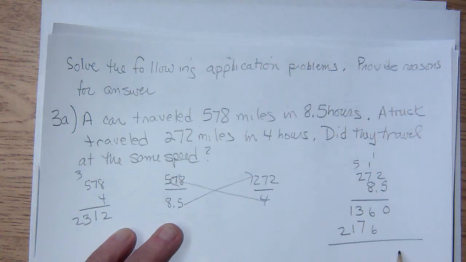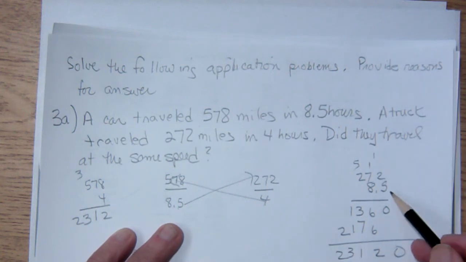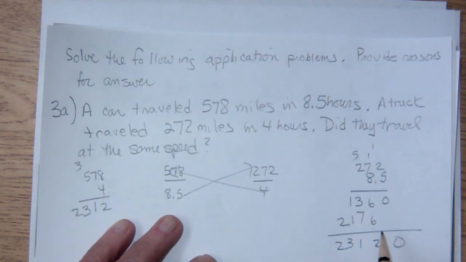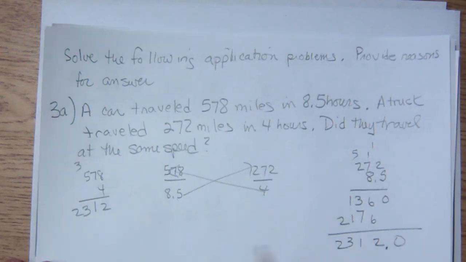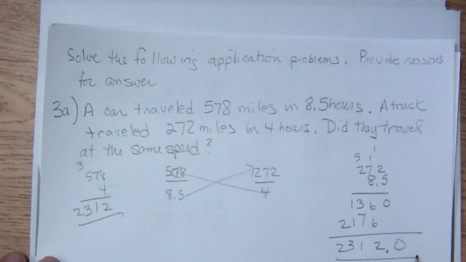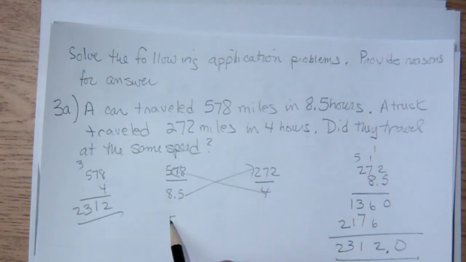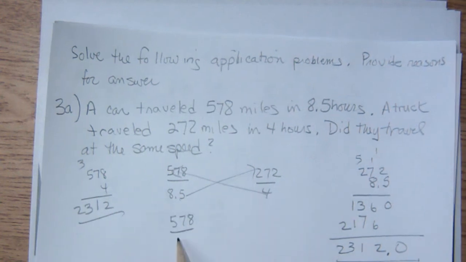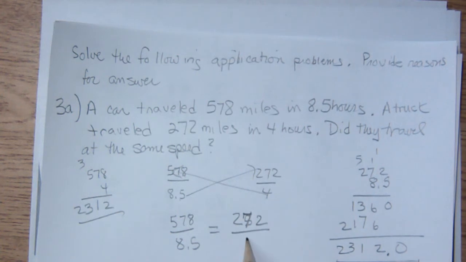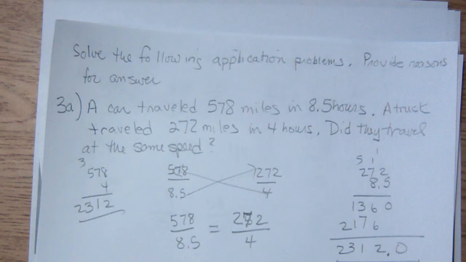So now we'll add these. I have to mark off 1 decimal place because I have 1 decimal place in my answer. So this number is the same as that number, and therefore I can say that 578 over 8.5 is in fact the same proportion as 272 over 4.